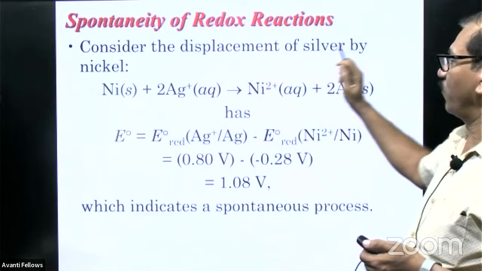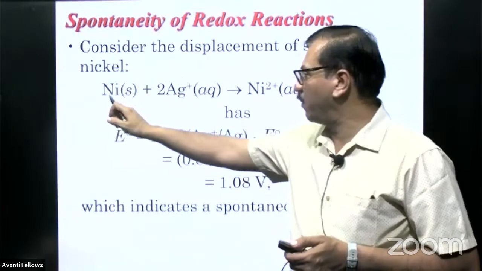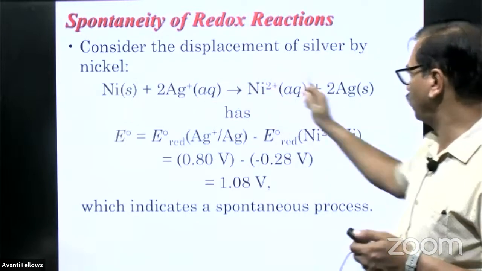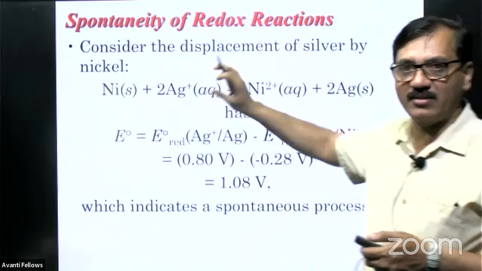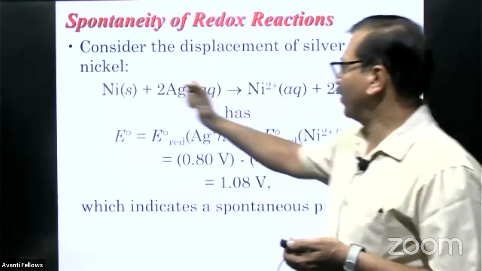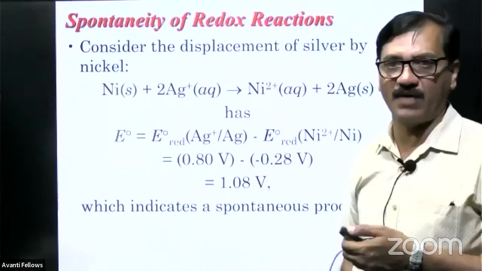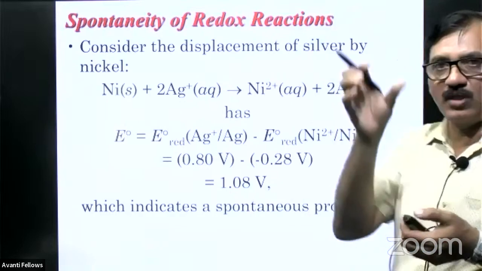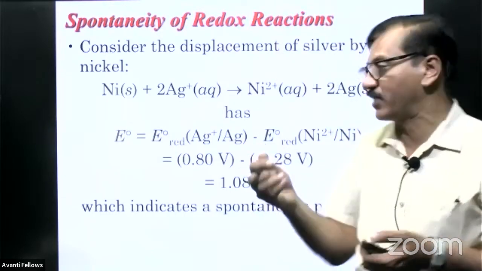Consider the displacement of silver. Nickel is there, and Ag+ ion, whether it can make nickel into Ni2+ ion, so that Ag+ ion becomes Ag. So arbitrarily we take this as an electrochemical cell, in which the nickel half cell, Ni to Ni2+, is the oxidation half cell, the left half cell, and Ag+ to Ag, silver metal in silver nitrate, is the other half cell.